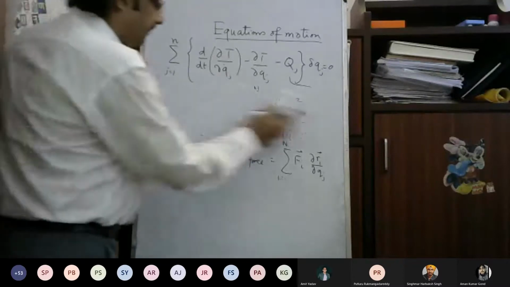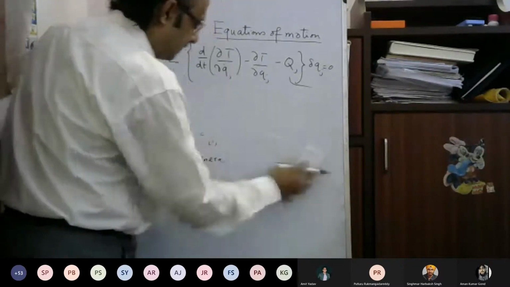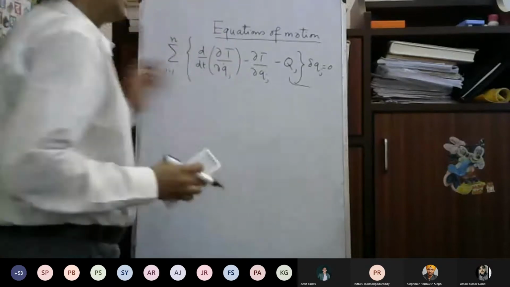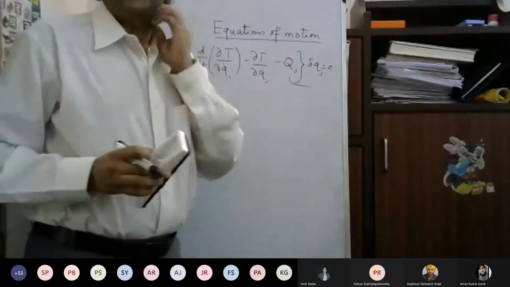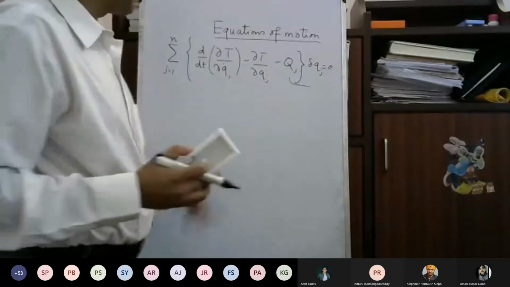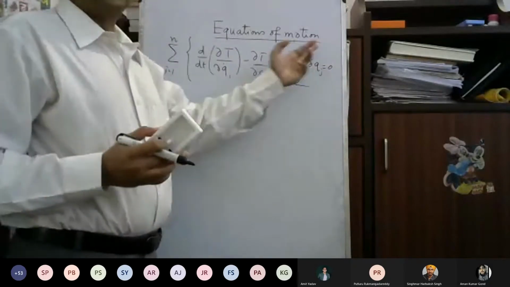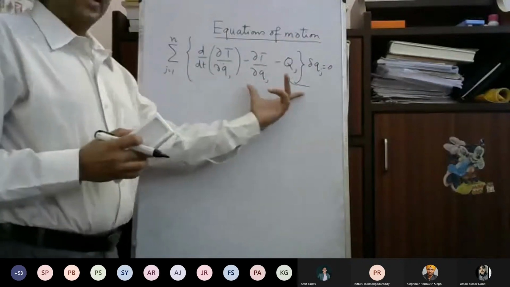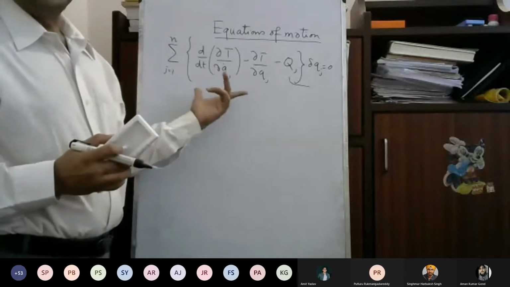So I am erasing this part, and then we said that this is true for any arbitrary combination of delta q_j's. The delta q_j's are arbitrarily chosen, they can be anything, and for any arbitrary value of delta q_j this is true. So this is only possible when the part within the curly bracket becomes identically 0.